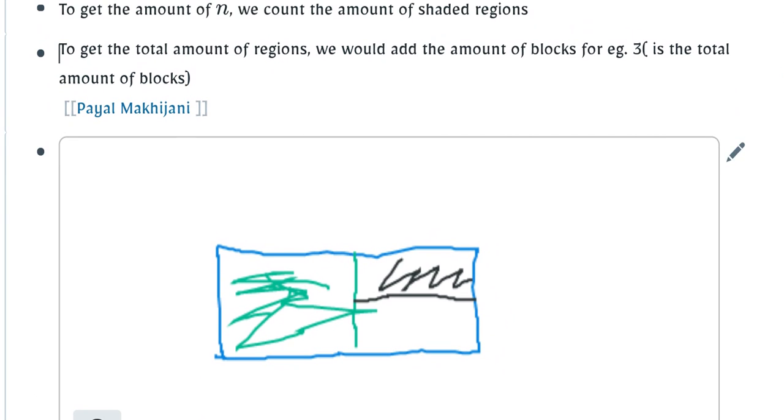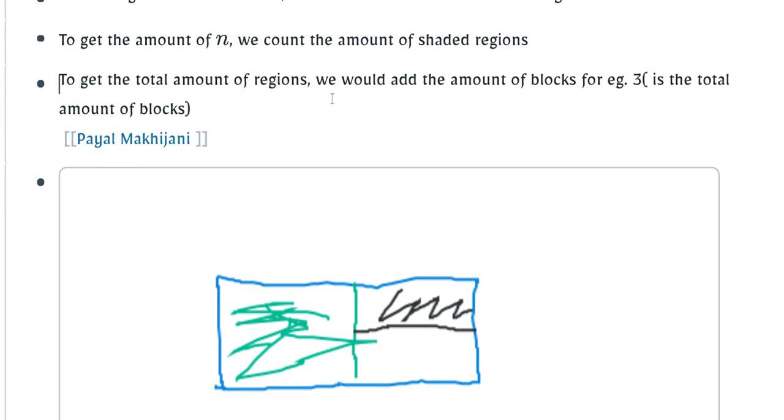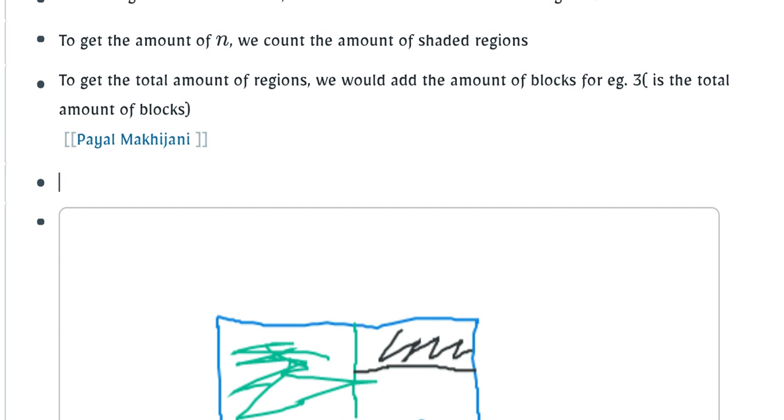But based on the rule I just said above, if I count the amount of regions that she has shaded, it's only 1. So there's a rule that we need to understand. All blocks must be in equal area for the ratio to be true. Let's write that.